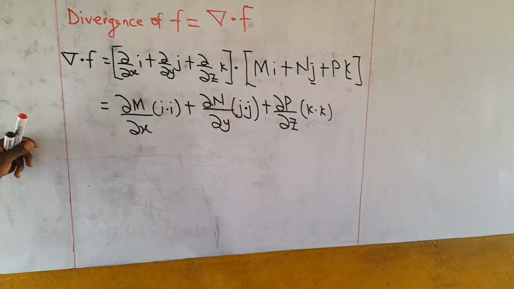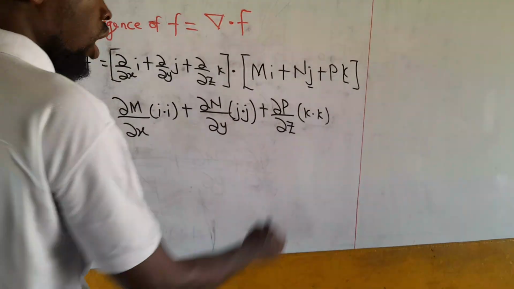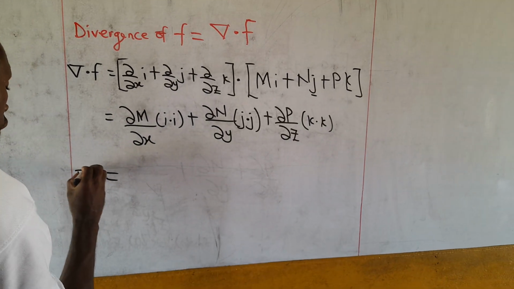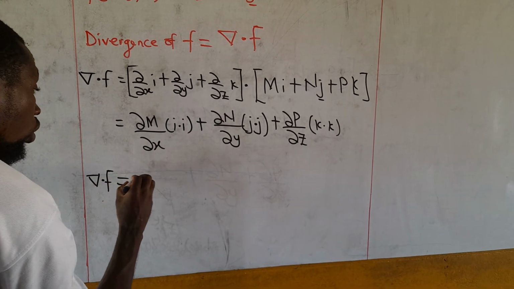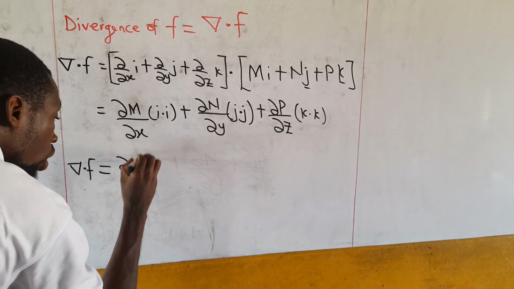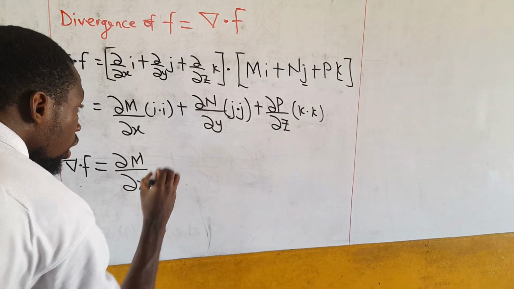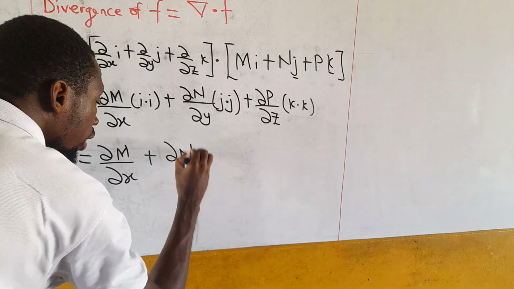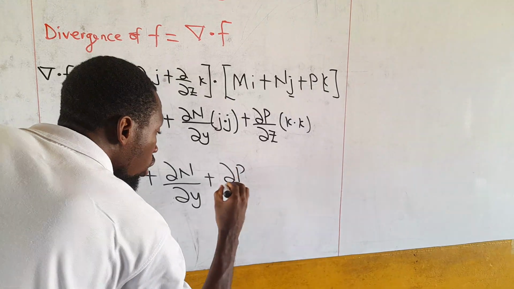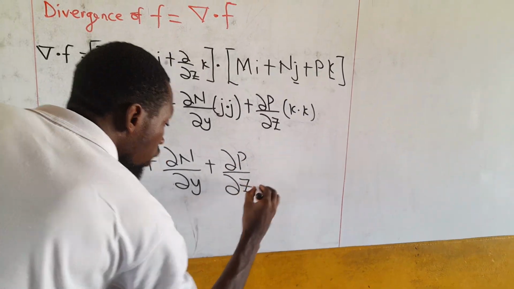Remember, i dot i is 1, j dot j is 1, k dot k is 1. So the differential operator dot the vector field will be ∂M/∂x plus ∂N/∂y plus ∂P/∂z.